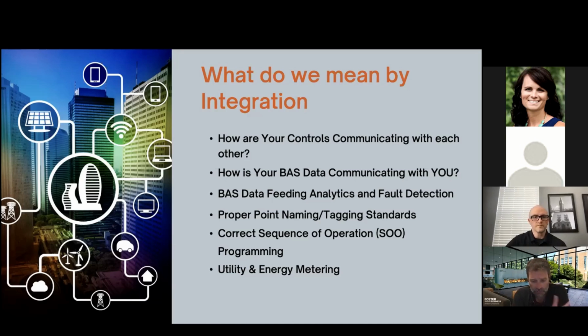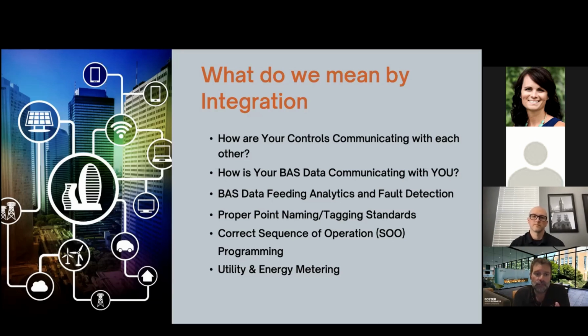And then once you talk to them, you can get access, and that open information can start feeding a fault detection and diagnostic platform, right? So you have your building automation system at one level, and then the fault detection sits on top of that. But if you can't feed that data to it, then you don't have any ability to fight the drift, right?